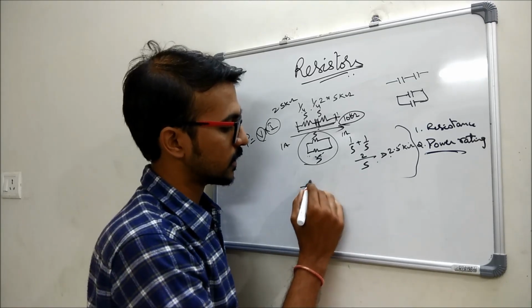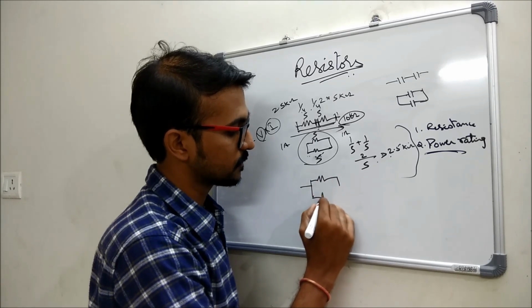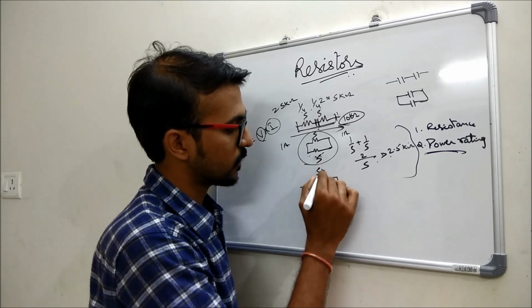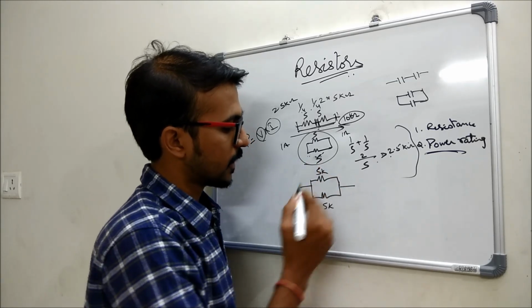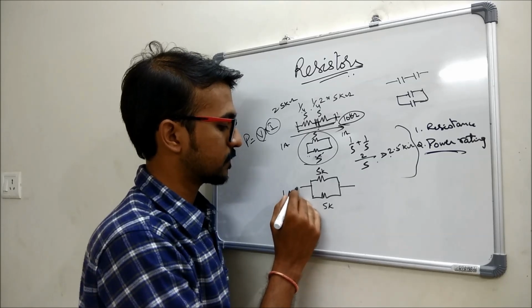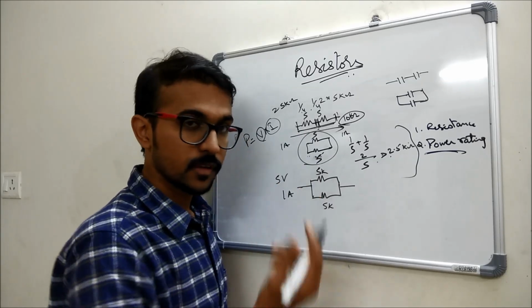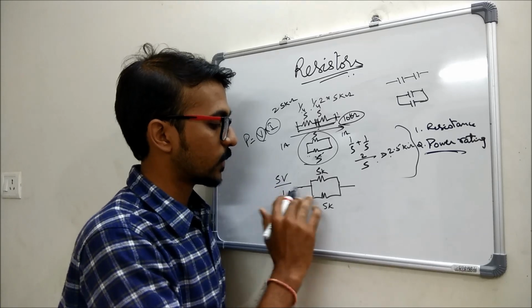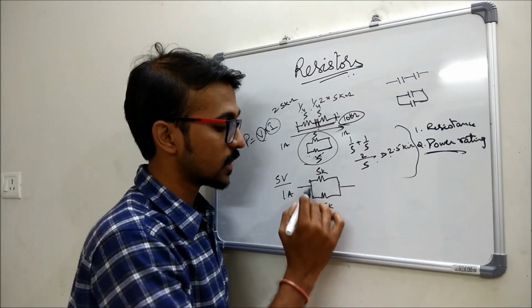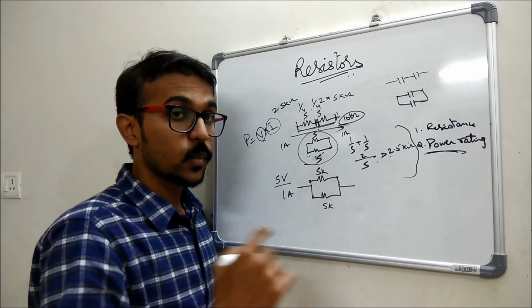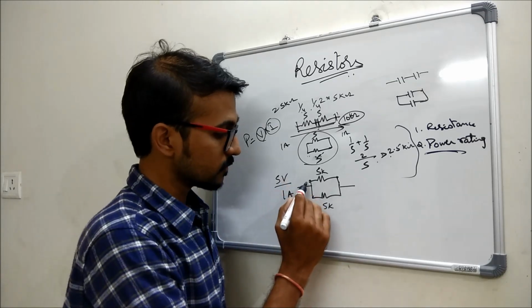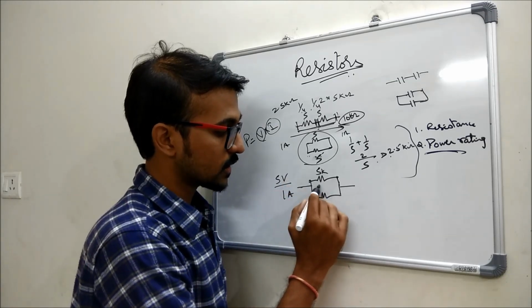Say for example, there are two resistors in parallel, each of 5 kilo ohm, and I'm applying a 1 amp current at 5 volts maybe. Okay, so 5 volts, 1 amp I'm applying here. What will happen? The voltage will be the same across both the resistors. Then where is power divided? The current flowing through both the resistors will divide.